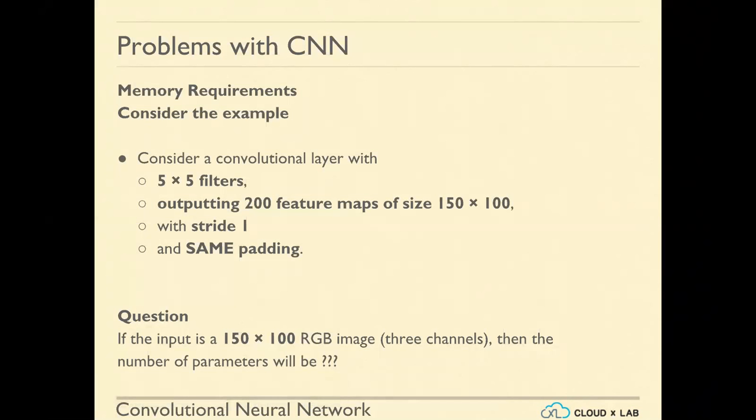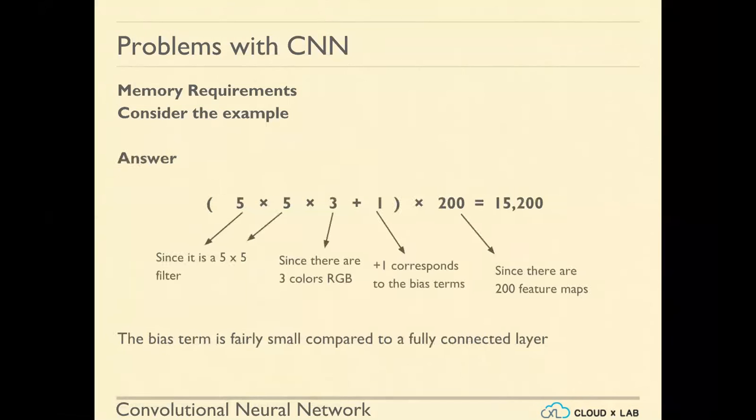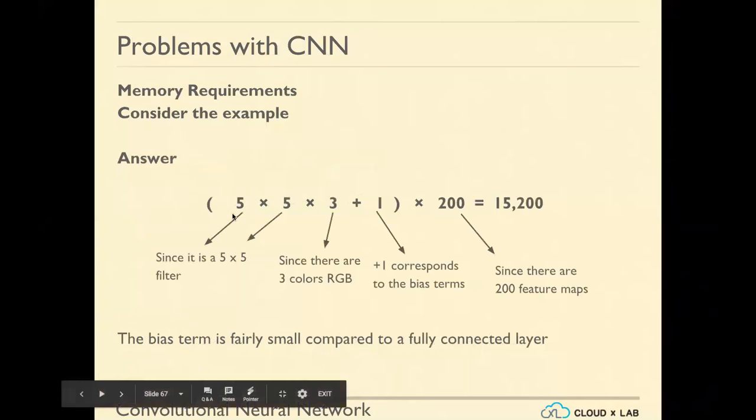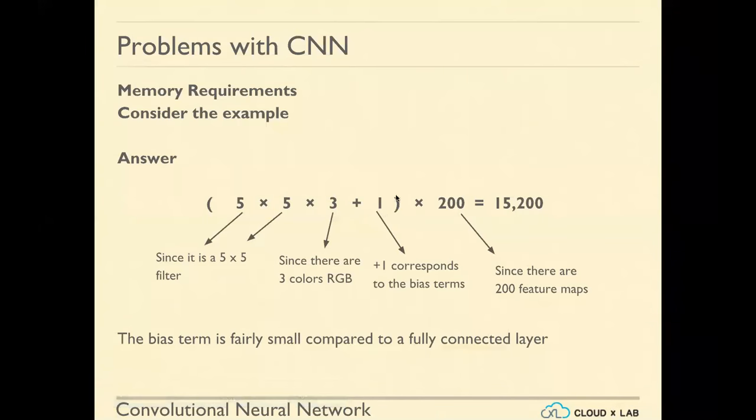So 5 by 5 into 3, one for each color. Then there is a bias for each of such filters, correct? Multiplied by 200, since there are 200 feature maps, or you can say 200 such filters being applied.